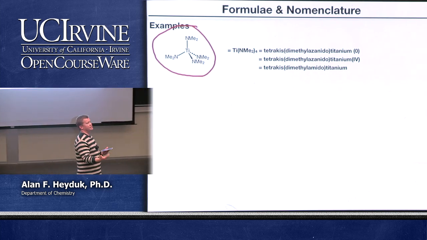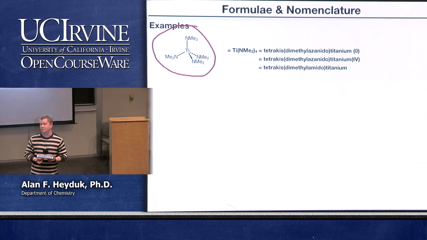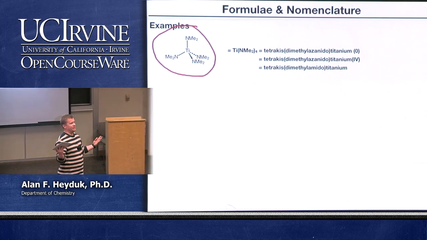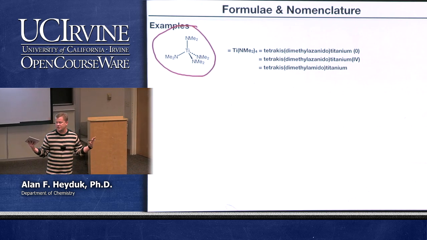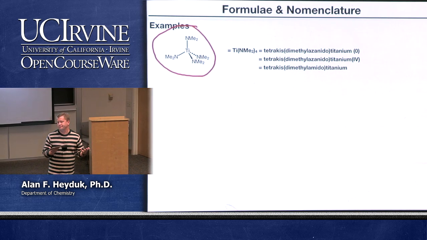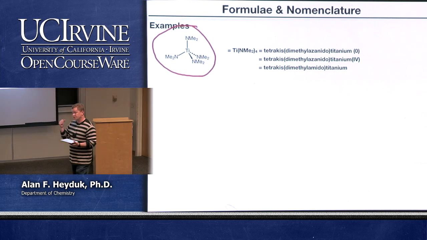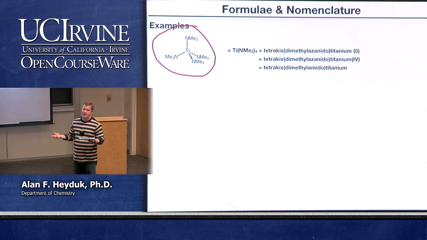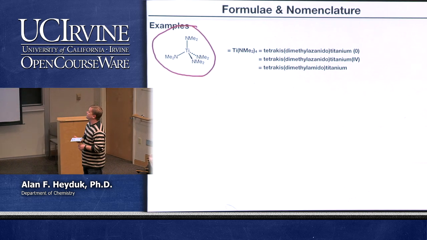That means we've basically taken all of titanium's electrons from it, and so it has an oxidation state of +4. A titanium with a +4 charge and 4 monoanionic ligands gives a charge on the complex of 0. So one is giving us the oxidation state of just the metal ion, and the other is giving us the overall charge on the entire complex. We'll see lots of examples. We'll go through them next time in class.